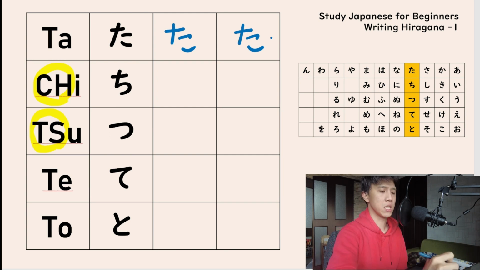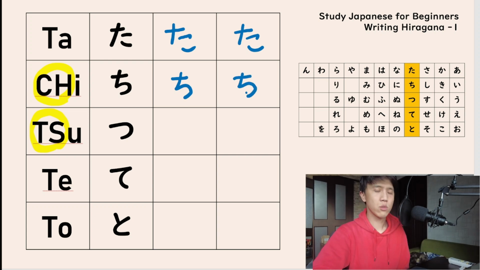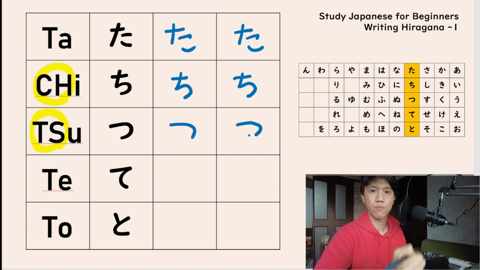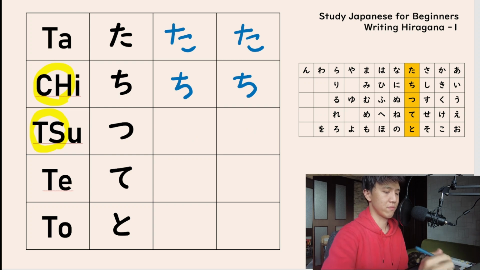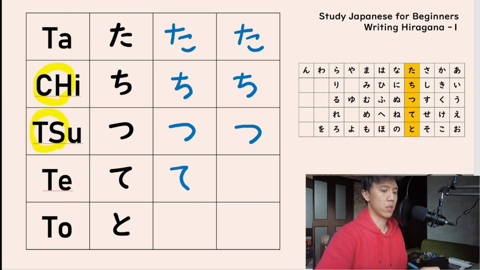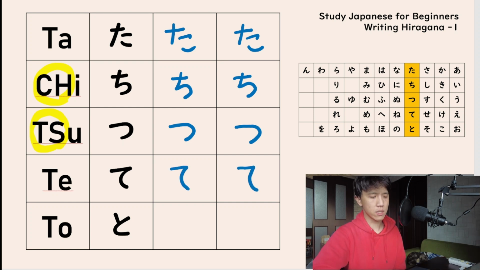The second one is chi. 1, 2. The next one is tsu. Okay, let me make it better. Tsu. Next one is te. Te is like this, and the last one is to.